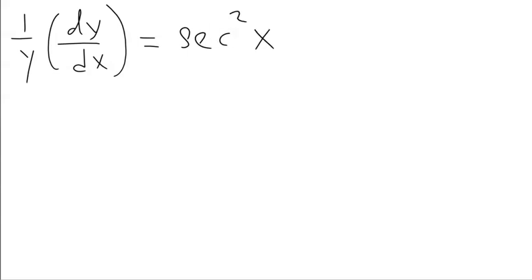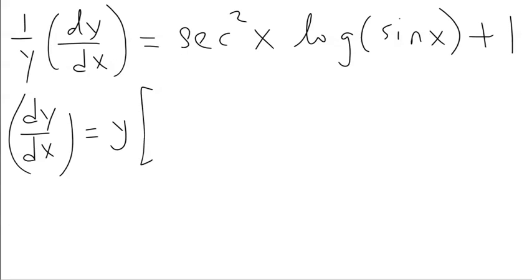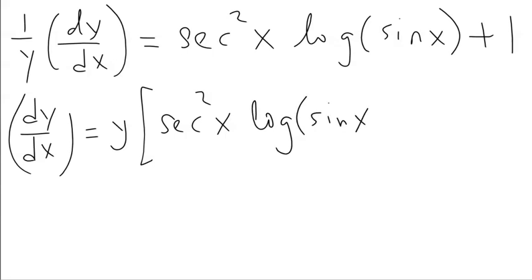Now solving for the derivative we are looking for, dy/dx, the derivative of the original function with respect to x, equals y times [secant squared x log sine x plus 1].